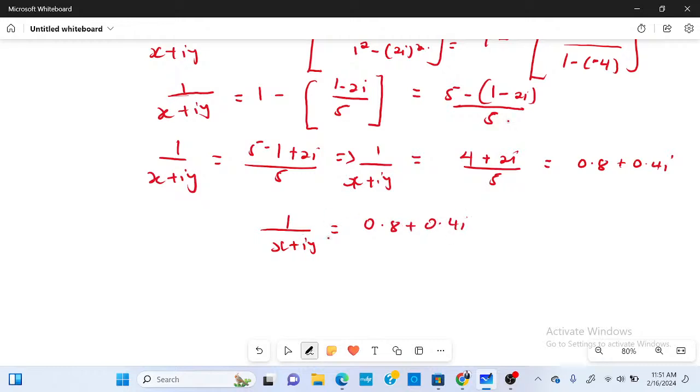I'll make this the subject and I'll get 1 over the expression 0.8 plus 0.4i to be equal to x plus iy. Meaning I still need to simplify this expression here before I can equate it. Is that not it? So let's see.